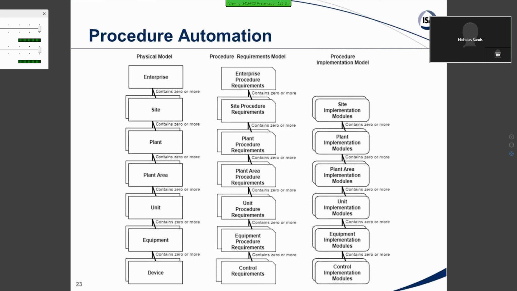This is a new one as well. We heard it mentioned once today: procedural automation. Again, it takes the concepts and models that were developed for batch automation in the ISA 88 committee and extends them for continuous processes in particular. Some people say, oh, you can just apply the exact same thing.